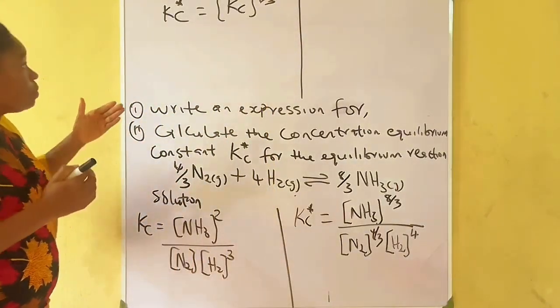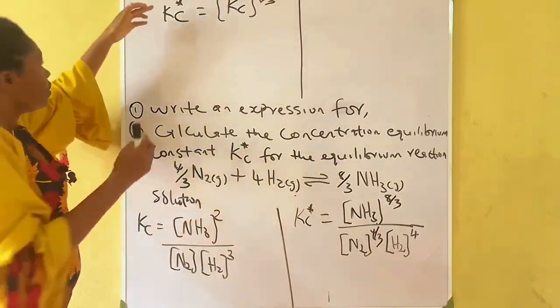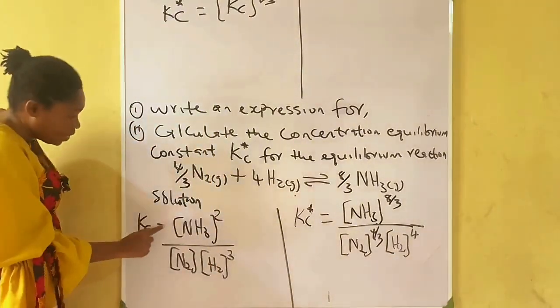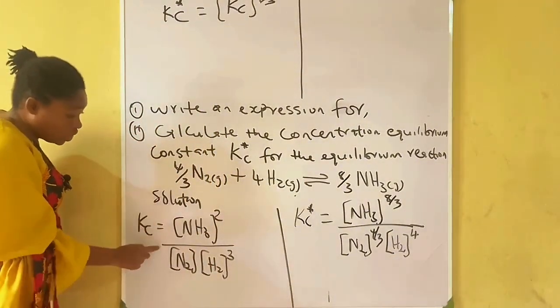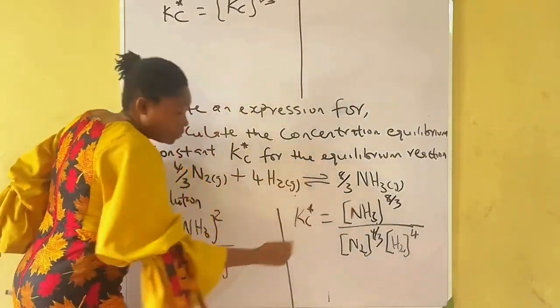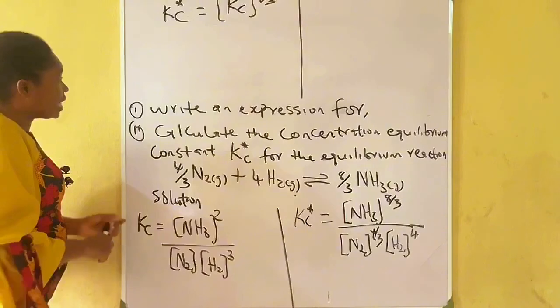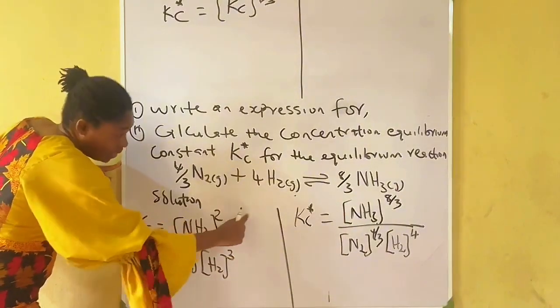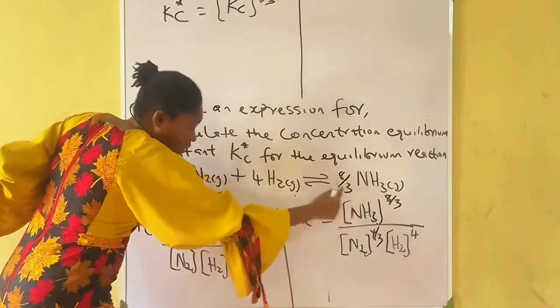So that's the relationship between this Kc and this. So when you divide this equation by 4/3, you will get this. So it's like saying, oh, this equation, I raise it to the power 4/3. It's the same as this.